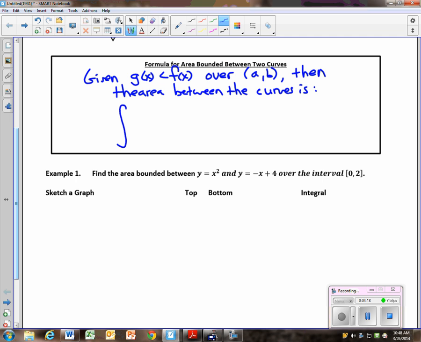So that's how I figure out an infinite number of rectangles, right? That's a quick way. f of x minus g of x dx. Easy peasy. Lemon squeezy.